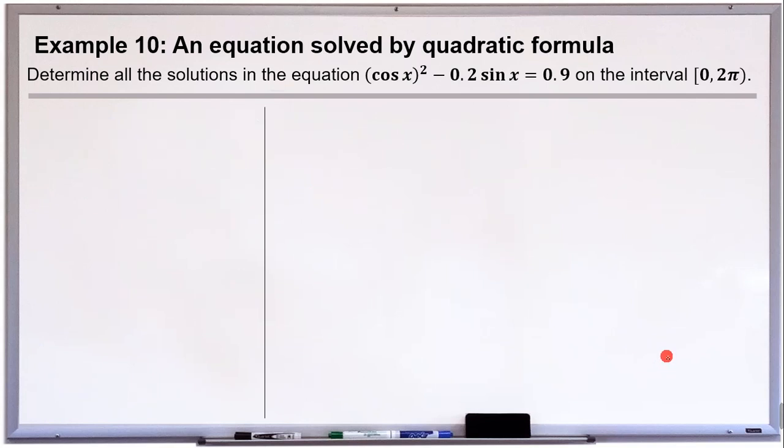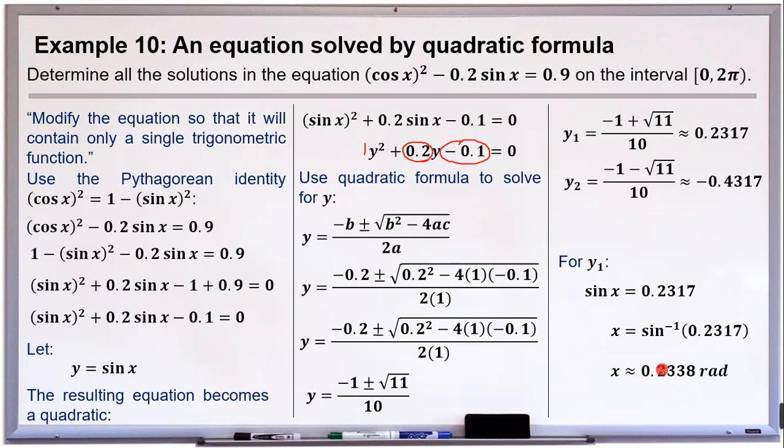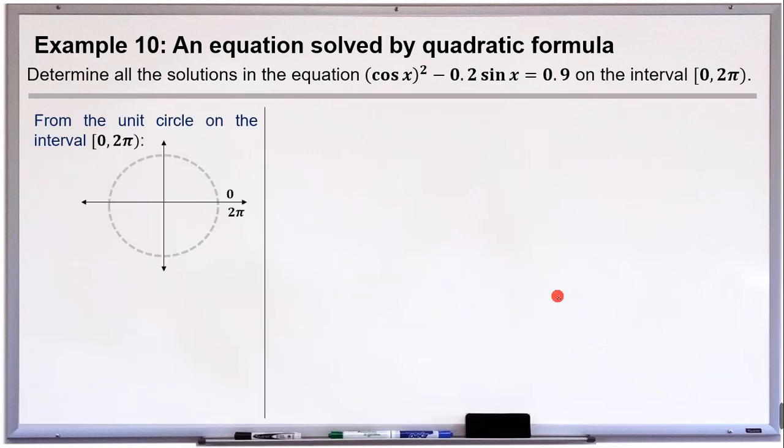Next, we all know that we have lots of angles that exist for sine x equals 0.2317. We can prove that from our unit circle. So we have two spots that will give us a positive value for our sine. These are in quadrant 1 and in quadrant 2.